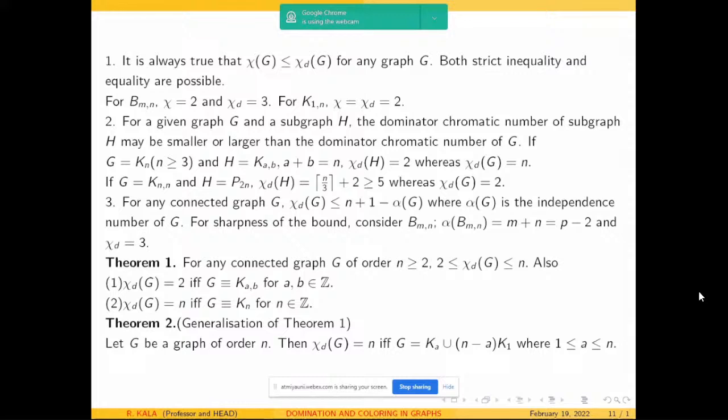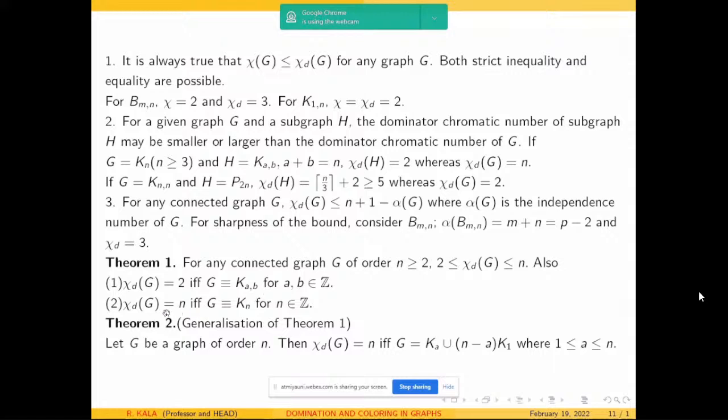Now, if you take a vertex v1 in the color class V1, definitely it cannot be adjacent to the other vertices in that color class. So to maintain the dominator property, that vertex has to be adjacent to all the vertices of the second color class. So every vertex in V1 should be adjacent to every vertex in V2, and you have a complete bipartite graph K a comma b.